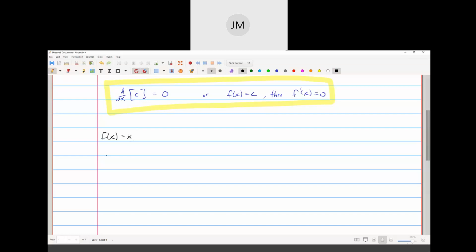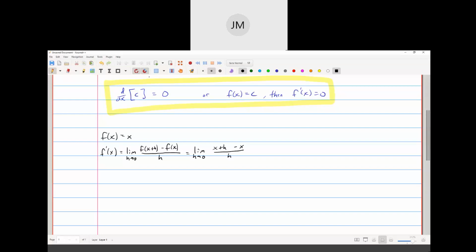So if my function f of x is just x, then the derivative is the limit as h goes to 0 of f of x plus h minus f of x all over h. And because my function is just x, whatever my input is, that's what the output is. So if I input x plus h, the output is x plus h.